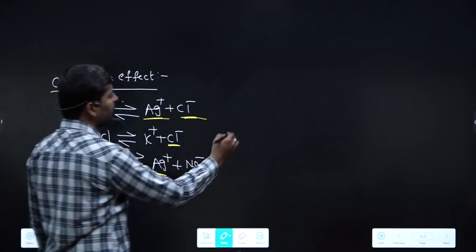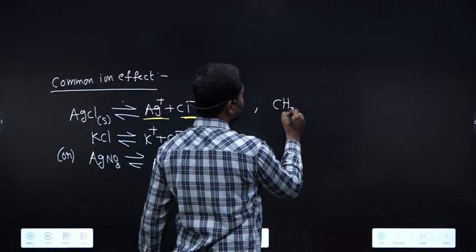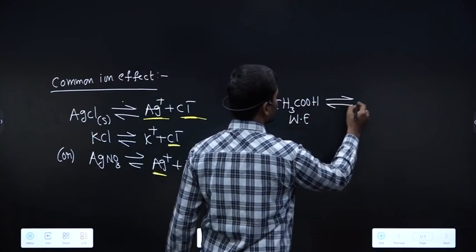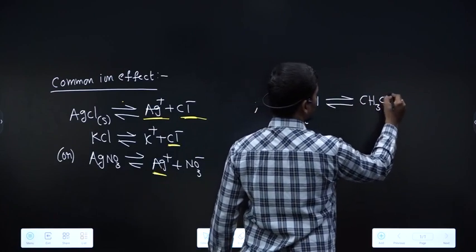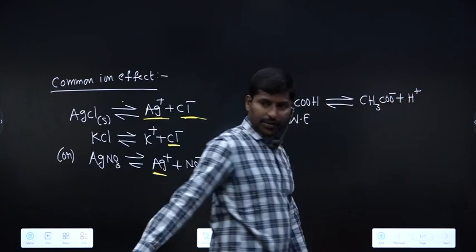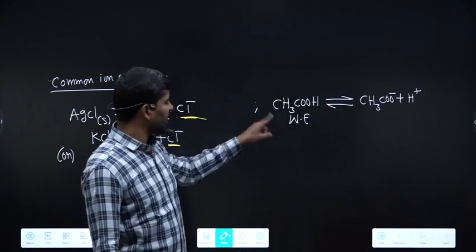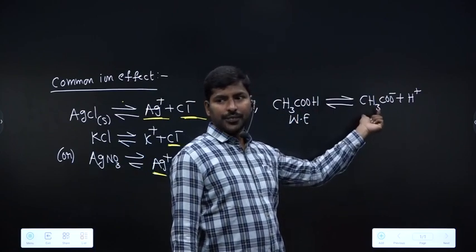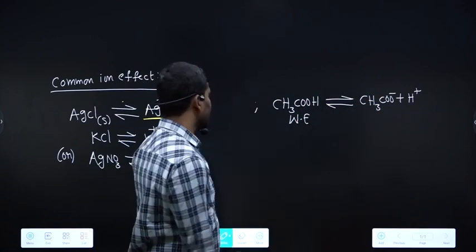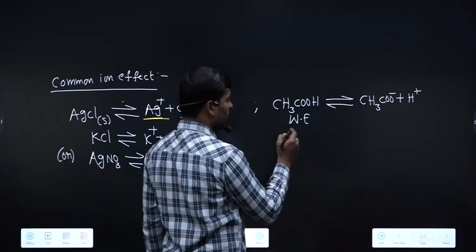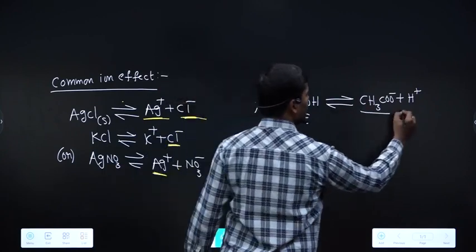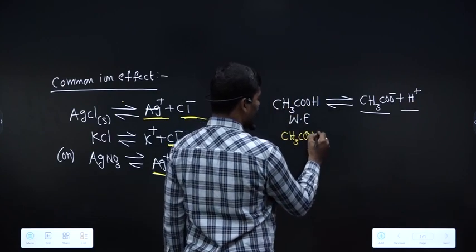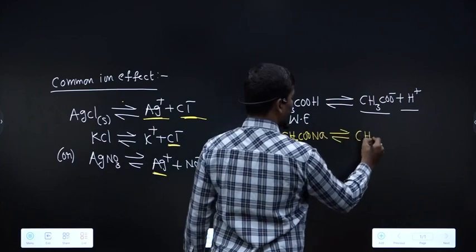Similarly, if you take a weak electrolyte, acetic acid is a weak electrolyte or strong electrolyte? Weak electrolyte. Acetic acid is a weak electrolyte. So there exists an equilibrium between undissociated molecules and ions. To this, if you add any strong electrolyte containing a common ion, that is CH3COONa, what is the common ion here?